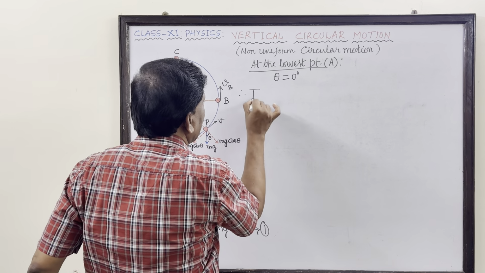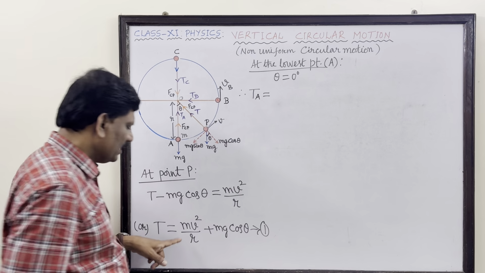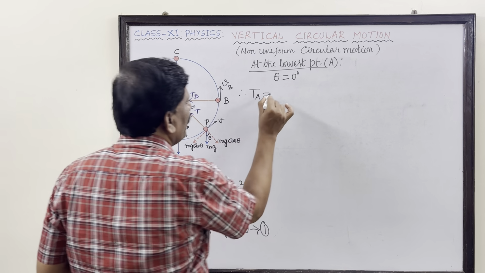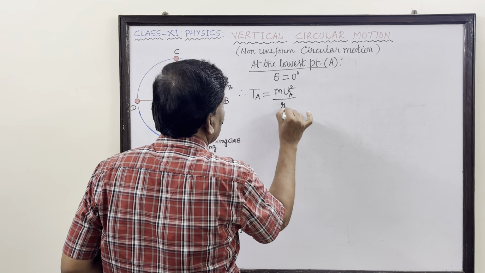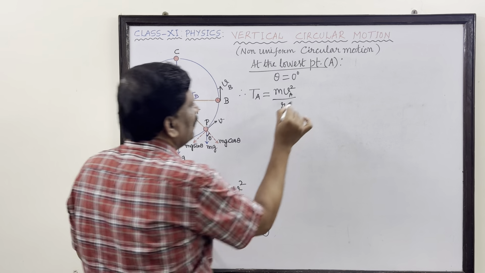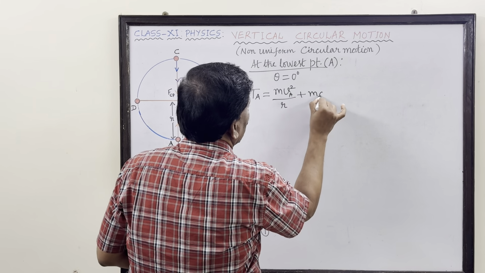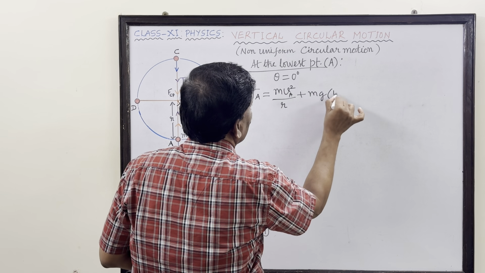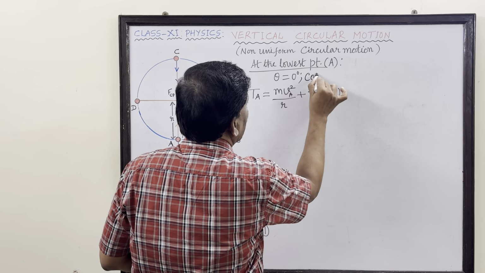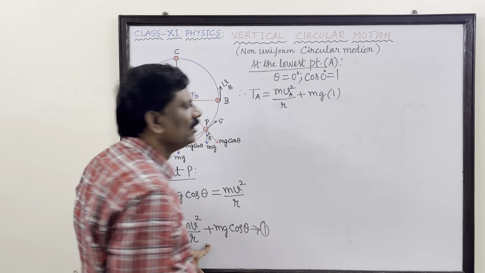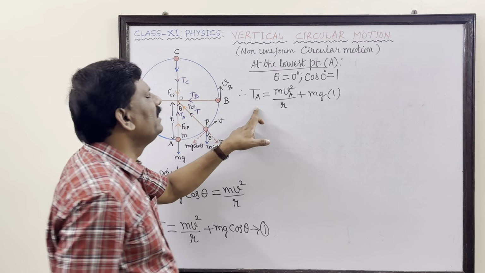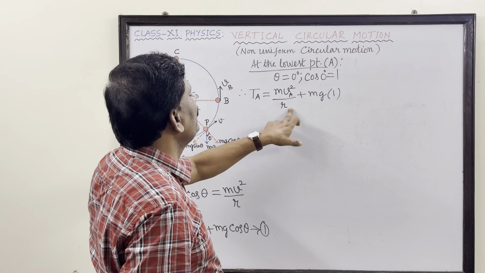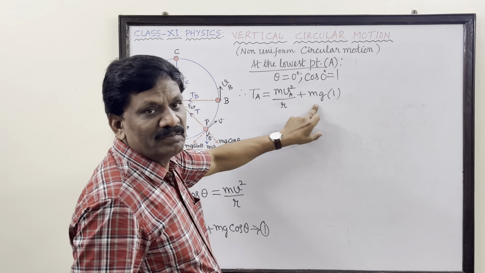So the tension TA must be equal to m into VA square by R plus mg into cos 0. Cos 0 is equal to how much? 1. So if I substitute, then TA is equal to m into VA square by R plus mg.